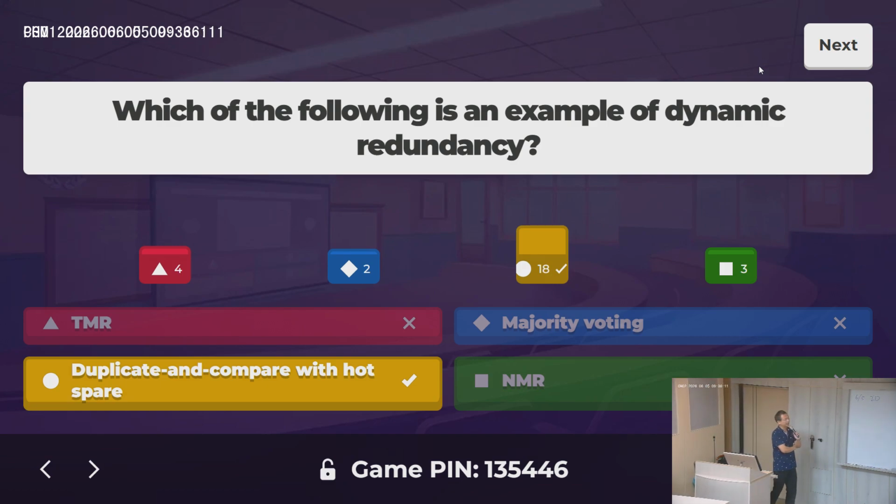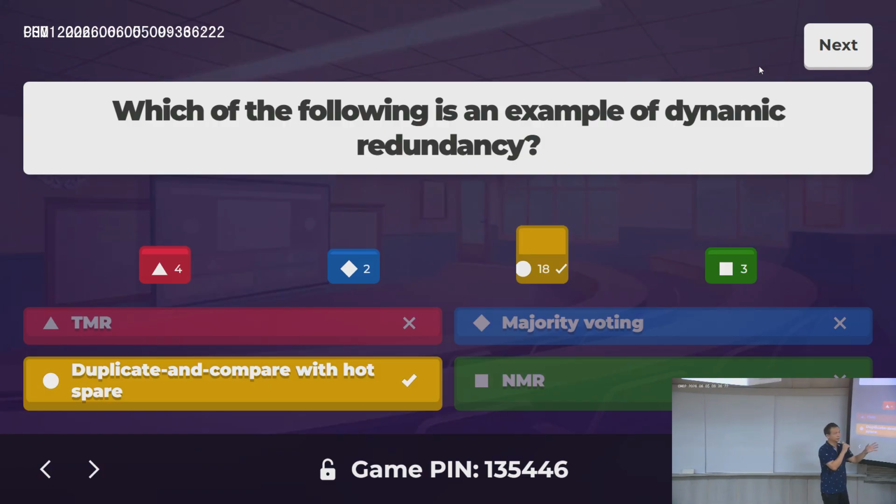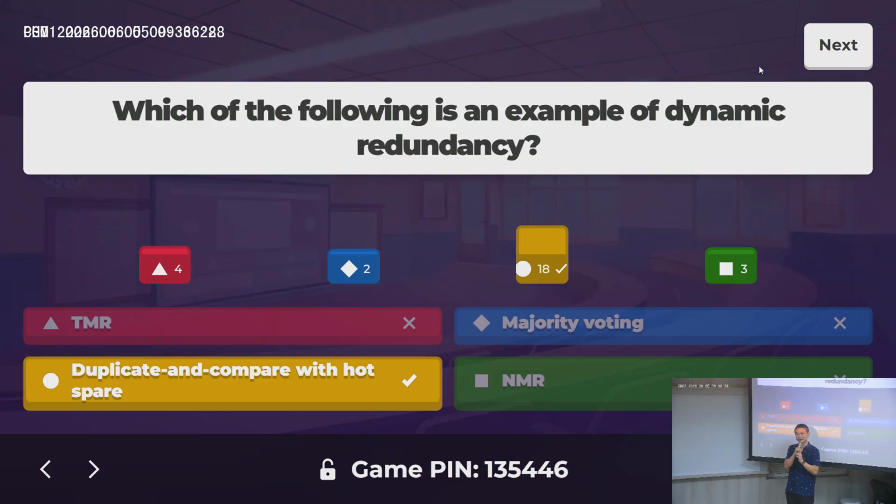Okay, yeah, it's happy to see that you know the answer is duplicate and compare with hard spares. So actually, if you try to screen the whole 4 answers, you will find that TMR, majority voting, NMR all belong to static redundancy. So for this question, this should be the correct answer.